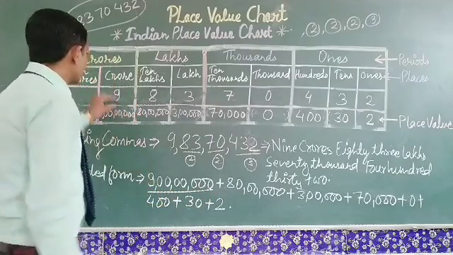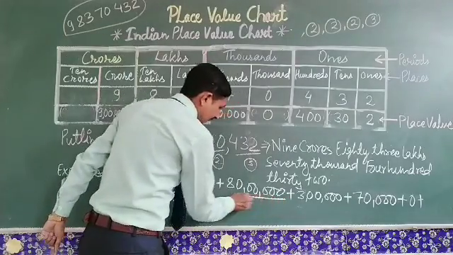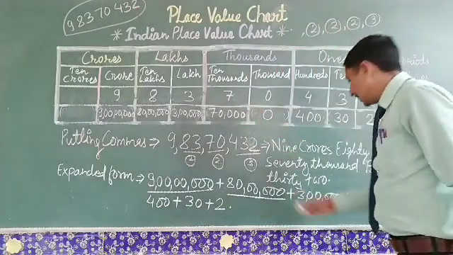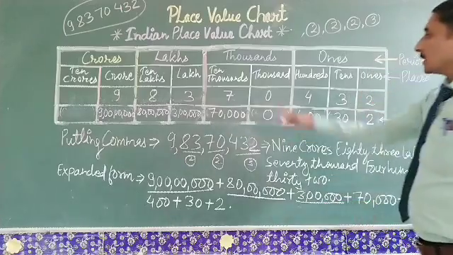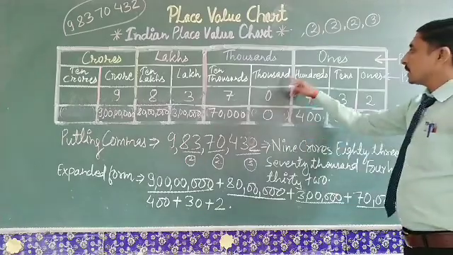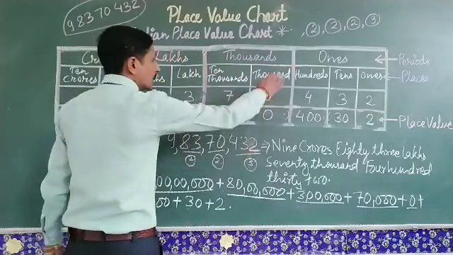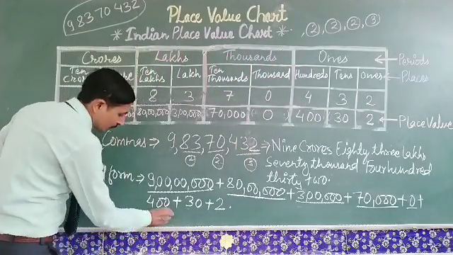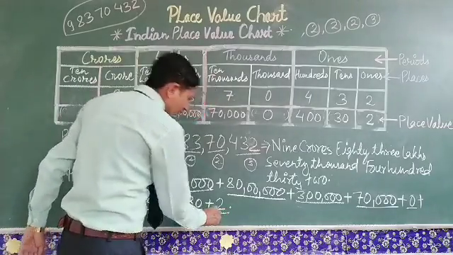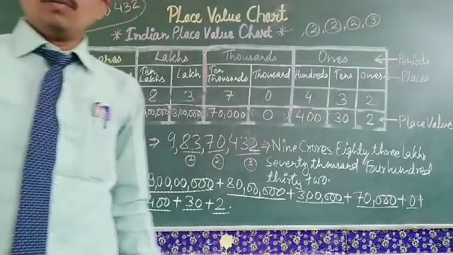The place value of 9 is 9 crore, of 8 is 80 lakh, of 3 is 3 lakh, of 7 is 70,000, of 0 is 0, of 4 is 400, of 3 is 30, and of 2 is 2. So in this way we can write numbers in expanded form.